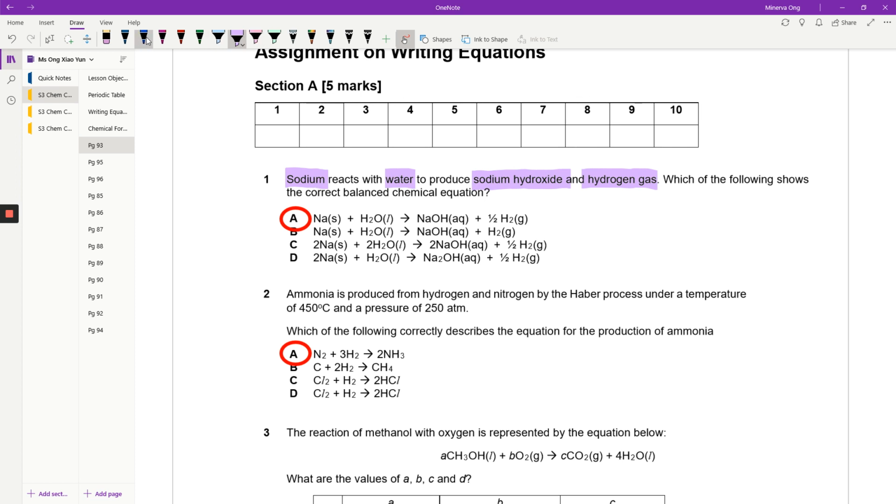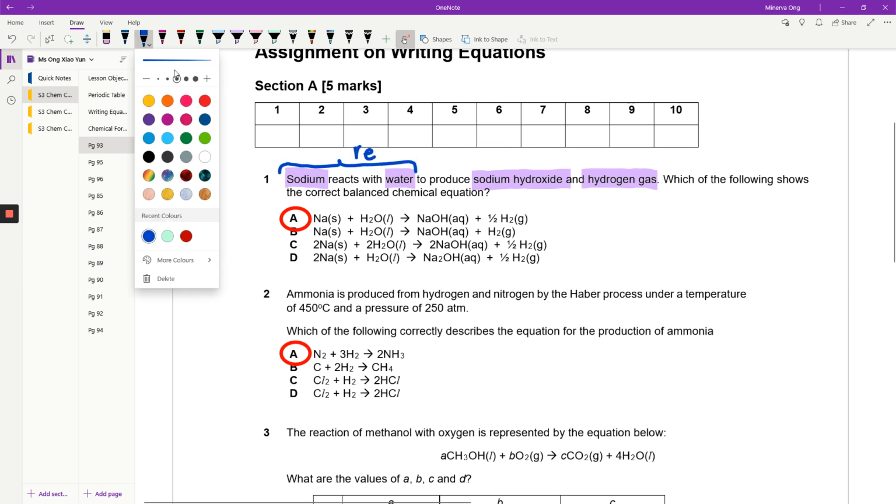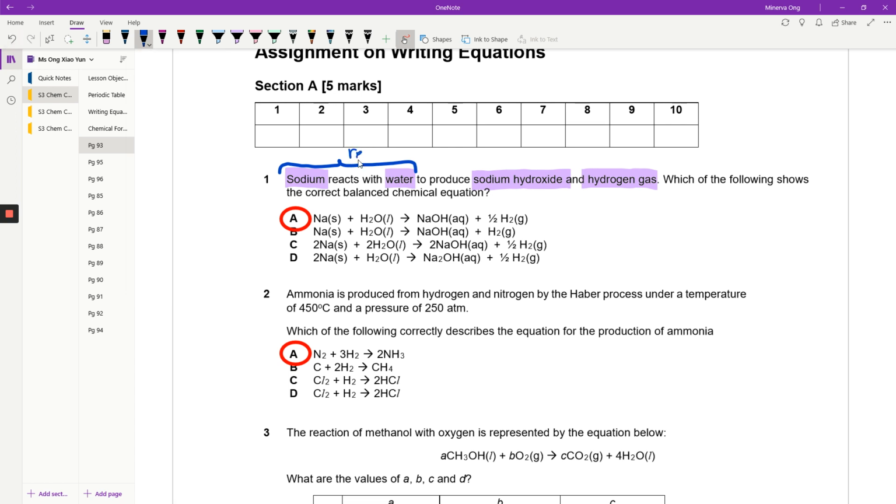From the words, you can figure out first that sodium reacts with water. So these are the reactants. And these are the products.